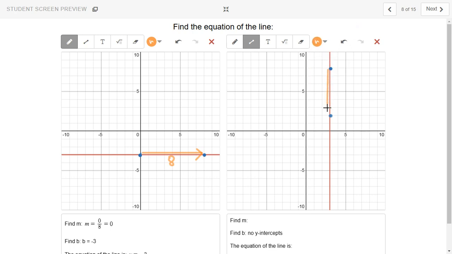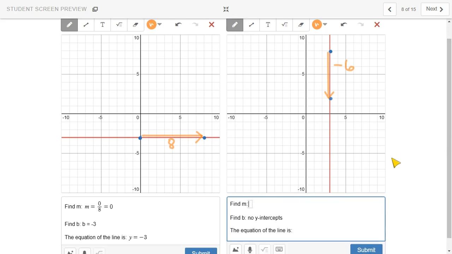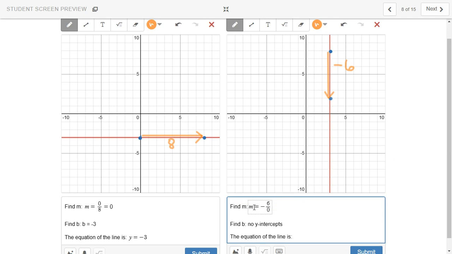I have a rise, in this case, of -6. So my slope, m is equal to -6 over 0.